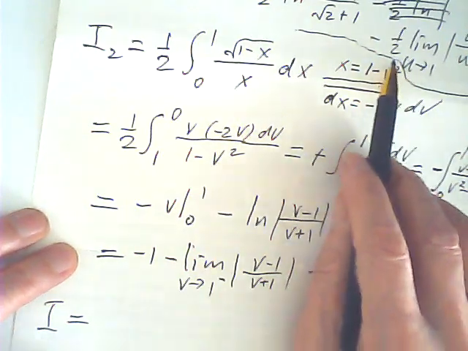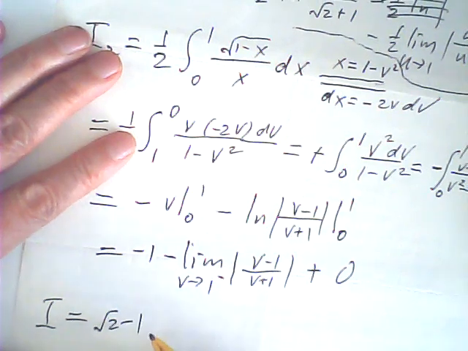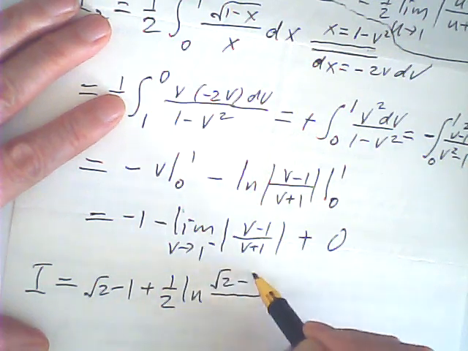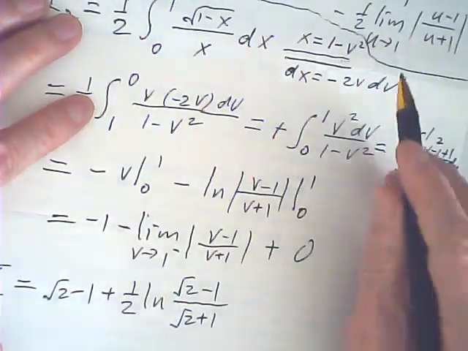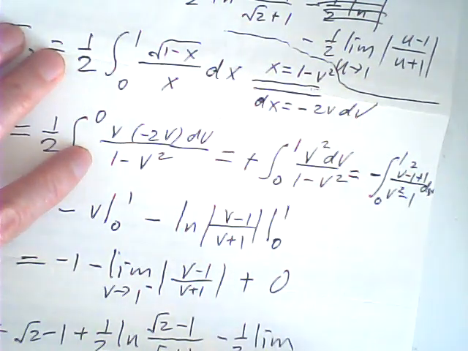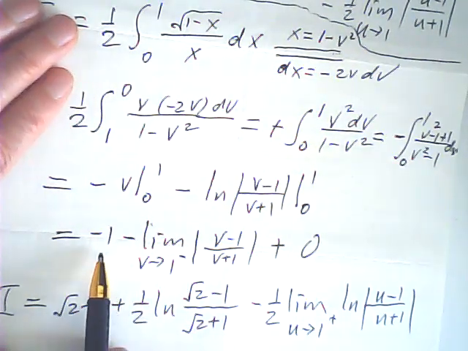I1 is root 2 minus 1 plus 1/2 log of root 2 minus 1 over root 2 plus 1 minus 1/2 the limit as u approaches 1 from the right of log of u minus 1 over u plus 1, and minus I2.